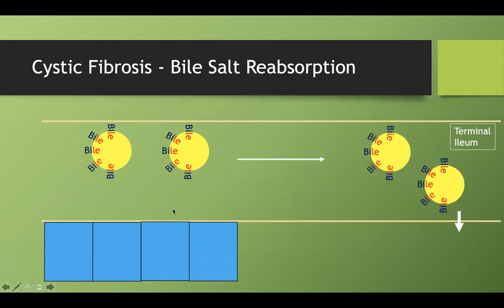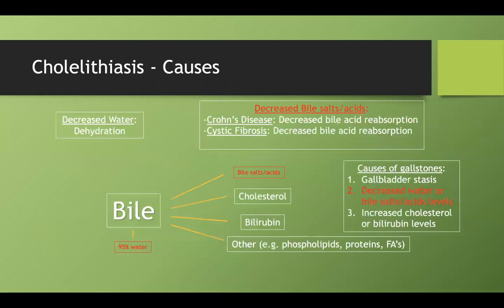So you're going to end up with a lot of fat globules traveling through your GI tract, and bile will still be attached to that. And if bile is attached to that, it's not going to be able to get reabsorbed at a healthy rate. And without the bile salts and acids, you're going to lose a lot of the ability to dilute your bile.